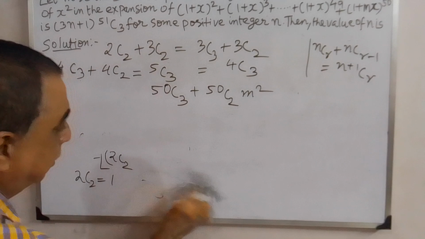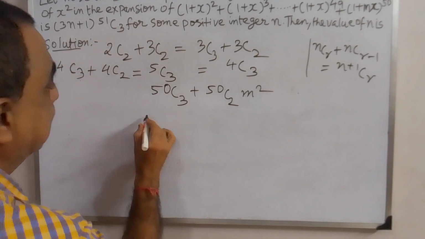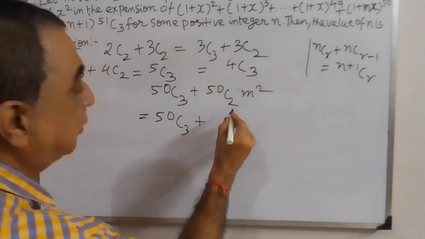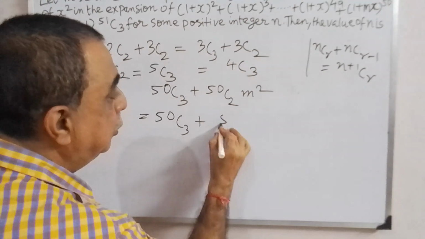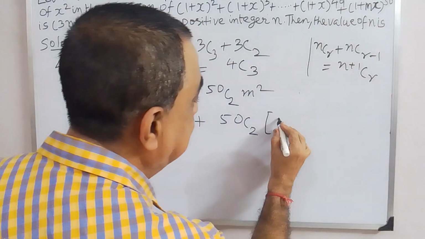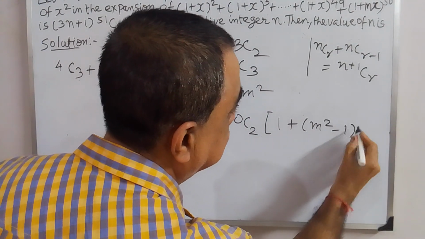Okay, in this expansion. So now you will express 50C3 plus 50C2 n squared. You write n squared as n squared plus 1 plus n squared minus 1.